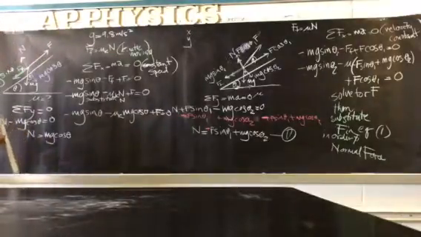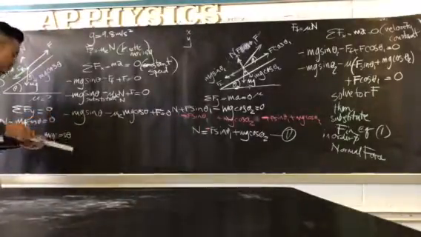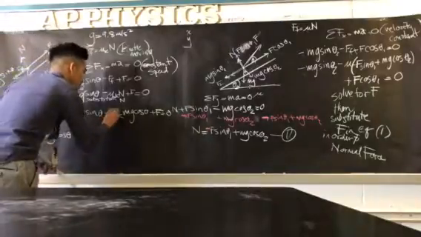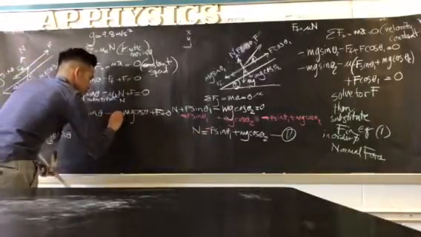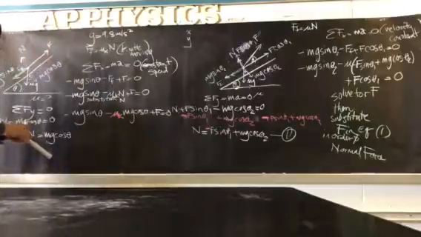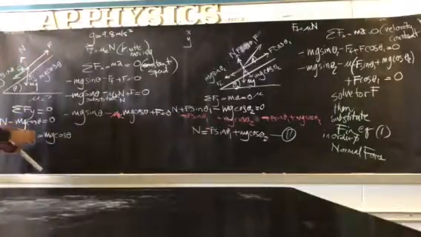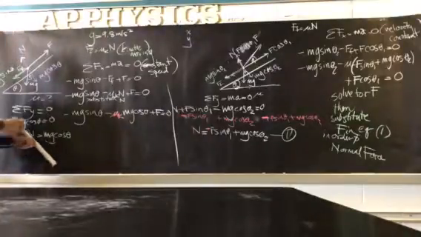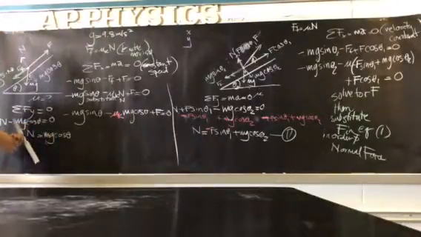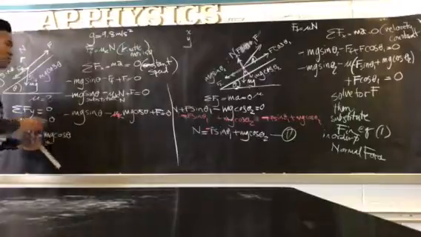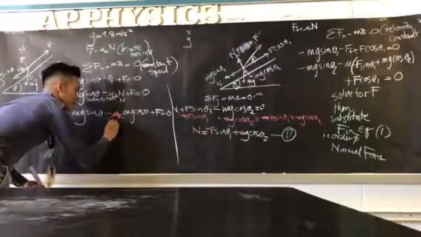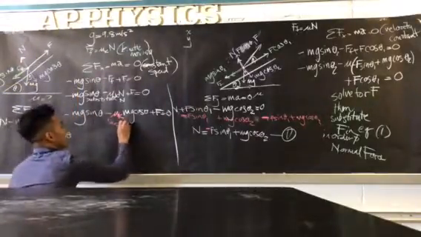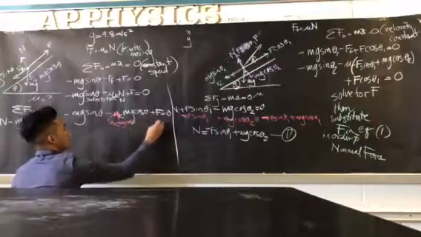For this one, you're going to have to figure out what mu k is. Let me go ahead and write this down right here. So this is when it gets complicated because you're going to have to do some moving of variables. So for this one, I'm going to go ahead and add mu k mg cosine theta to both sides.